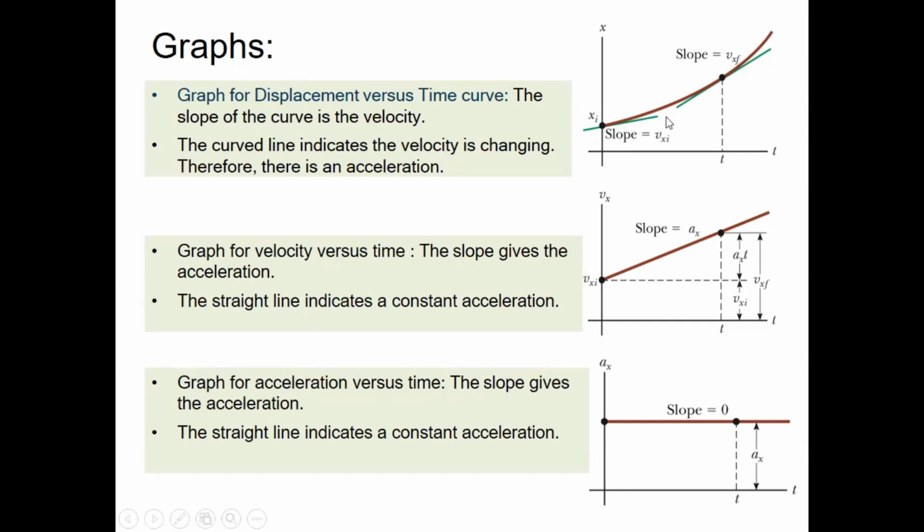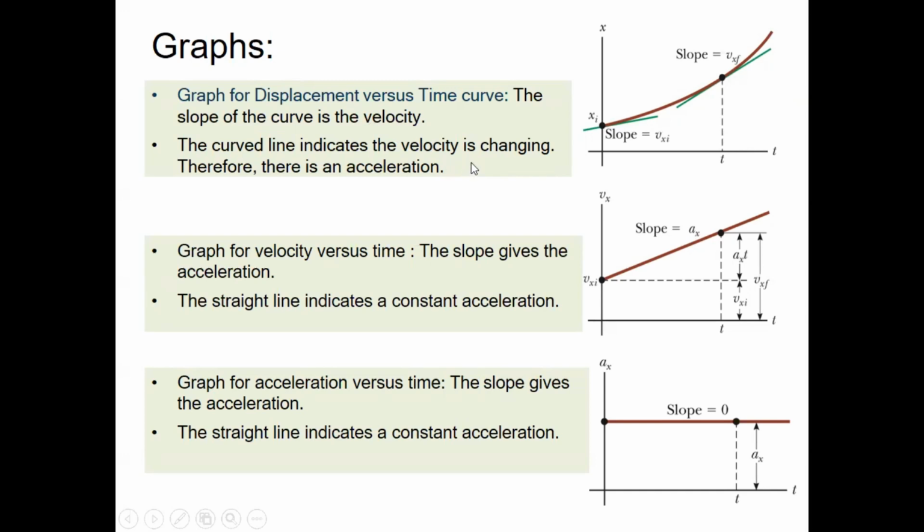The curved line indicates that the velocity is changing. Here we have this velocity, and at another position there is another velocity. Therefore a change in velocity is occurring because the green line is changing, so we can safely say that there is acceleration, because change in velocity over time delta t results in acceleration.